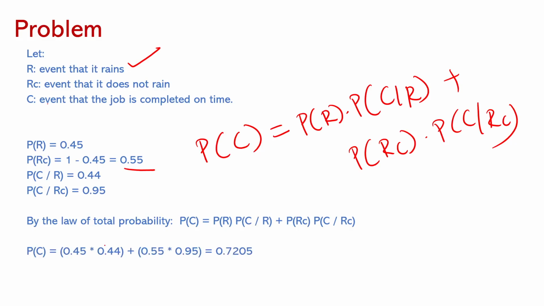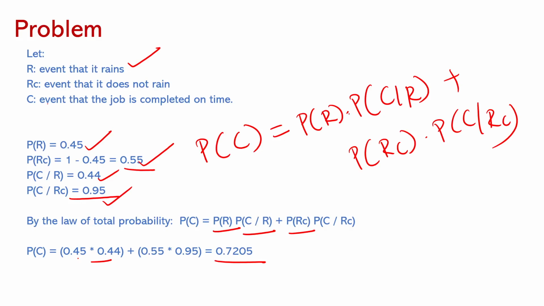So we get 0.45, that is P of R, it will rain, into 0.44, plus P of R complement is 0.55 into the probability that the job will be completed even if it does not rain, 0.95. So you get 0.7205. Okay, so this is the probability that the job will be completed on time, right?